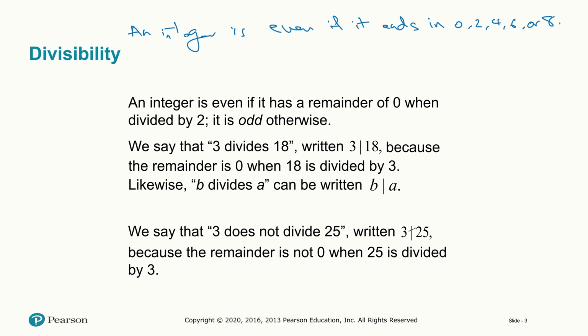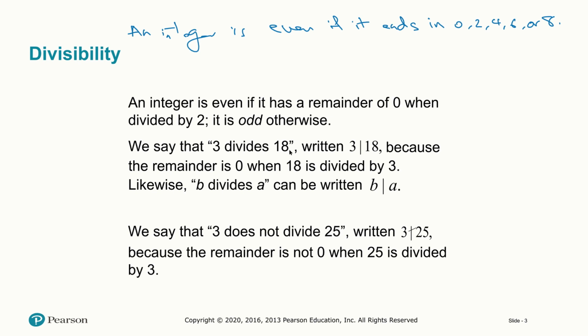When it comes to divisibility of, say, 18 by 3, we say 3 divides 18, or 18 is divisible by 3, for the same reason that 6 is divisible by 2: when we do the division, the remainder is 0.